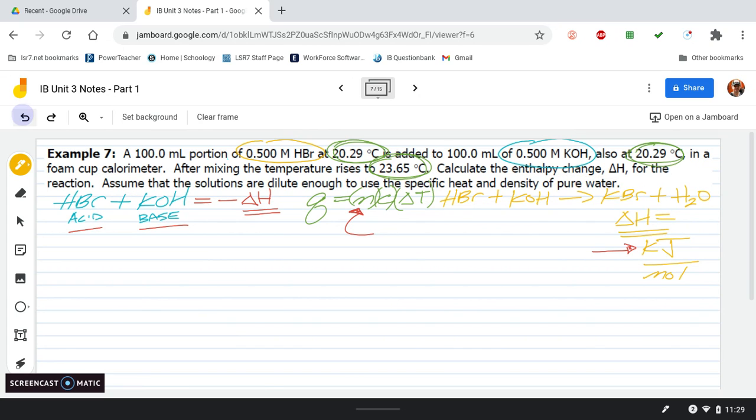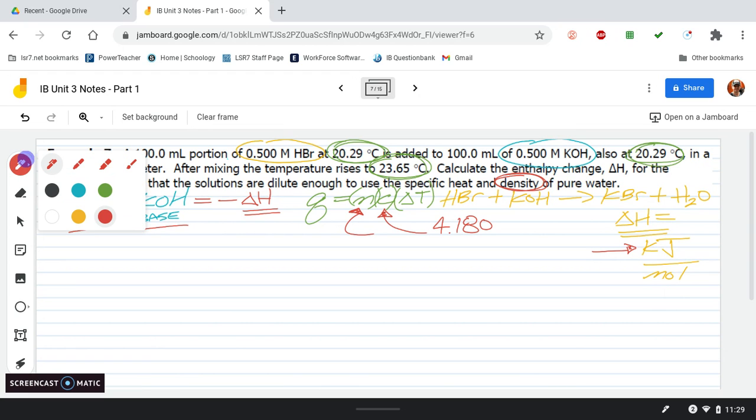The density of water. They told us that for a reason. Well, they're telling us that there's enough water in these acids and bases that they basically have the same C value as water. And we know that C value is 4.180. But they also said we could use the density of water. Why would they tell us that? Well, this is why.